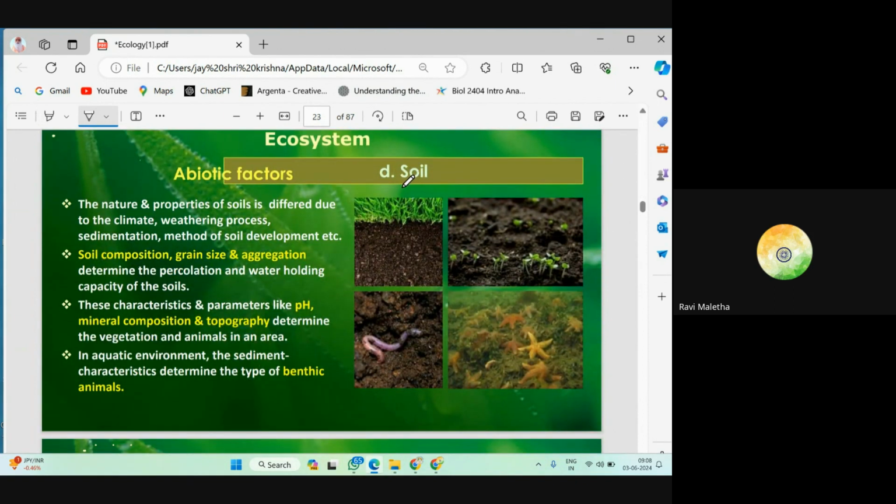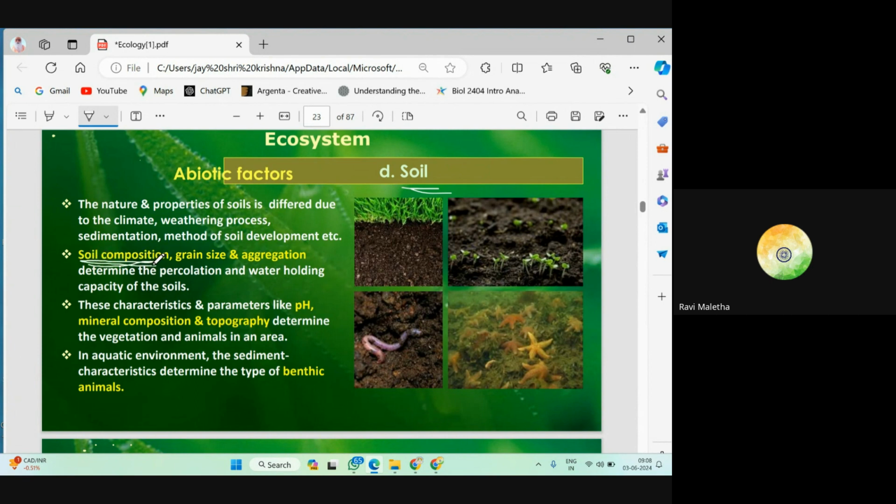Okay, next is soil. The nature and properties of soil differ due to climate, weathering process, sedimentation, and methods of soil development. Because of all these things, we can see different types of soil. Now the important part, soil composition.